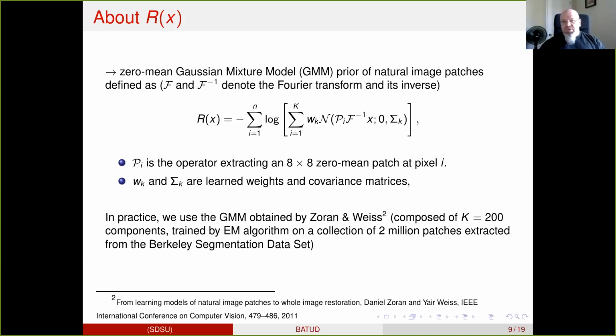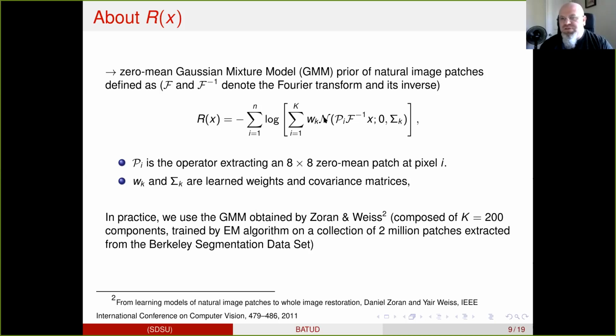The point is that they developed a very fast algorithm to solve those types of minimization problems. And we decided to work with that type of algorithm because it basically gives state-of-the-art results in terms of deblurring and denoising. So the idea is that the penalization term is written that way, right?